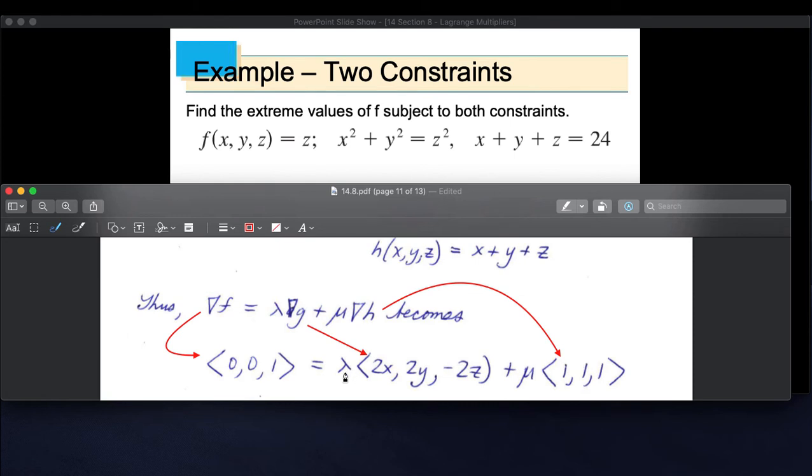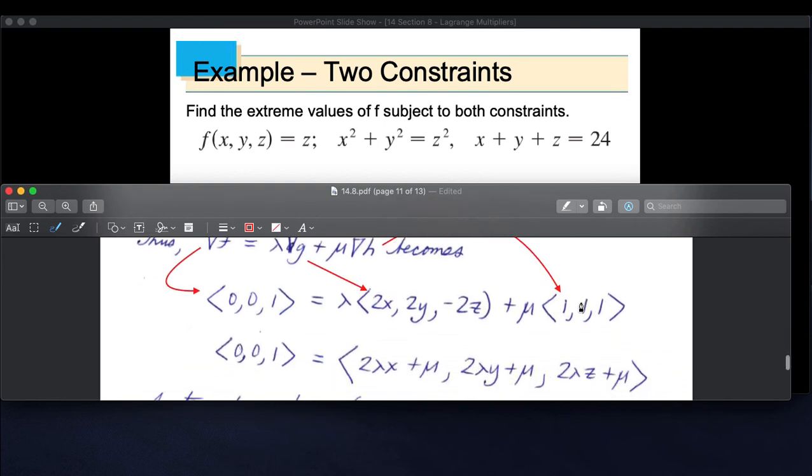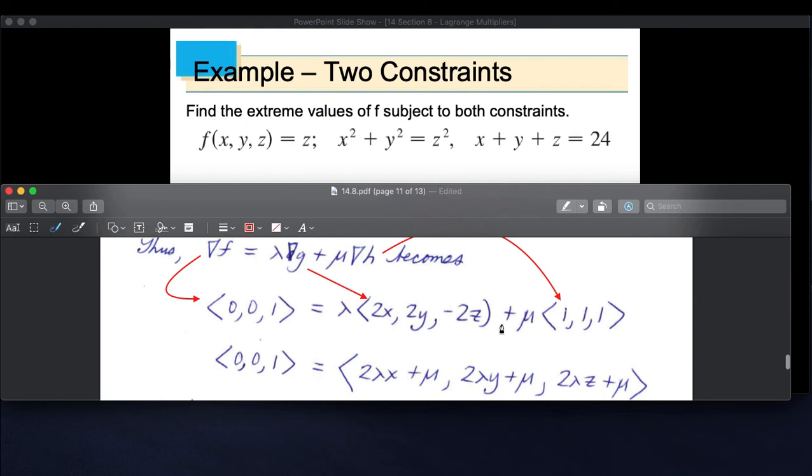And notice I have lambda in front of this one, and this is mu in front of this one. We're going to go ahead and distribute those in, distribute that mu in as well. And on top of that, sorry, this should actually be a vector bracket, sorry about that.